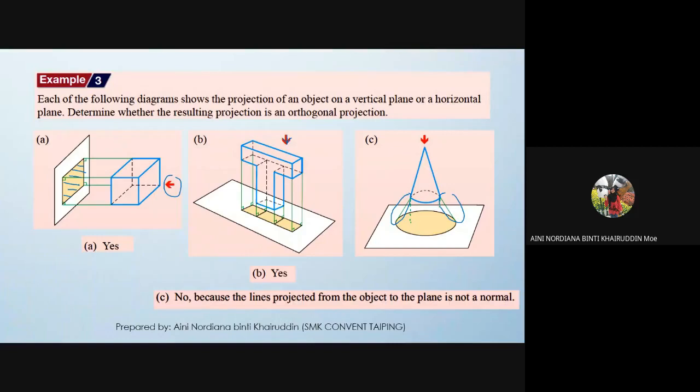Dia mesti lurus macam tu. So sebenarnya circle dia kecil je lah. Ini sepatutnya the orthogonal projection. And this is the normal. So yang C ni salah lah. No.